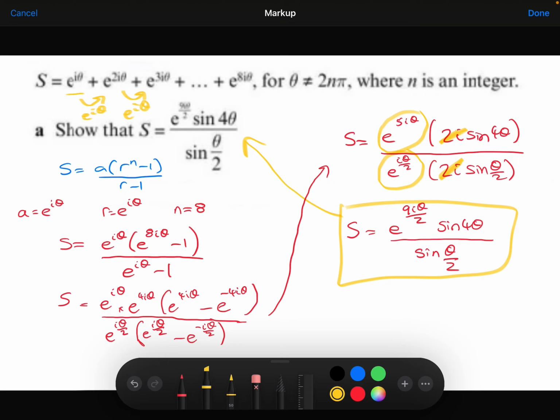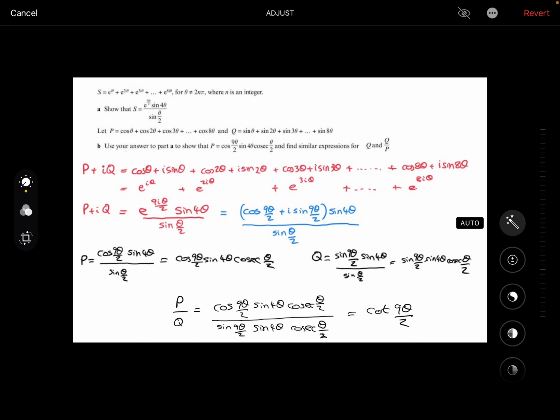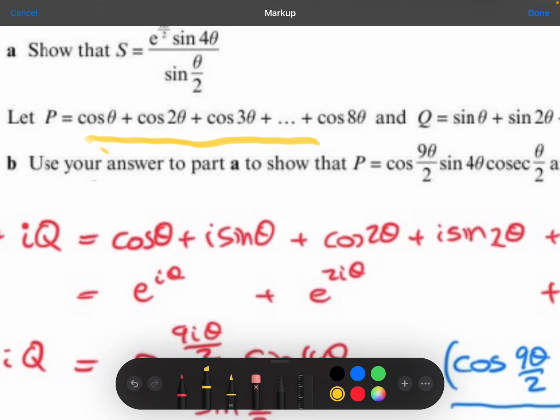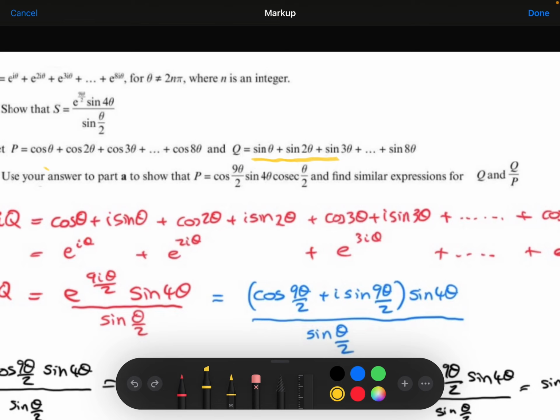Part B. We're then told to let P equal cos theta plus cos 2 theta plus cos 3 theta plus so on up to cos 8 theta, and to let Q equal sine theta plus sine 2 theta plus sine 3 theta plus so on up to sine 8 theta.